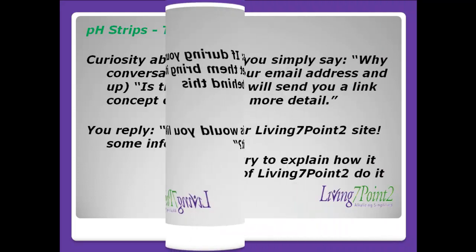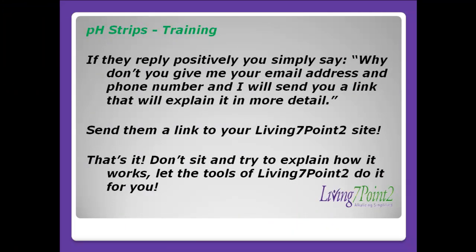If they respond positively, you simply say, "Why don't you give me your email address and phone number, and I will send you a link that will explain it in more detail." Send them a link to your Living 7.2 site or directly to the Living 7.2 compensation overview video. That's it. Don't sit and try to explain how it works. Let the tools of Living 7.2 do it for you.